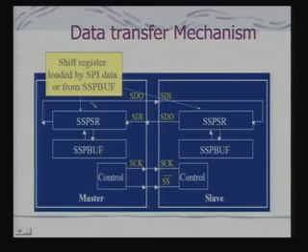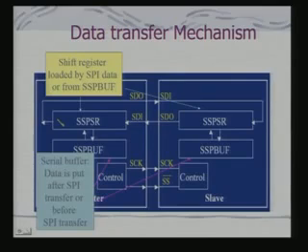The shift register is loaded by SPI data when the data is being received, and when the data is being sent, the data has to be loaded in parallel onto this shift register. And your serial buffer is SSP buff.